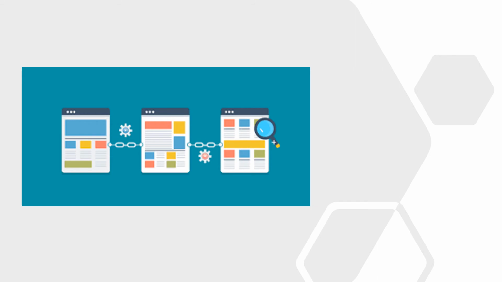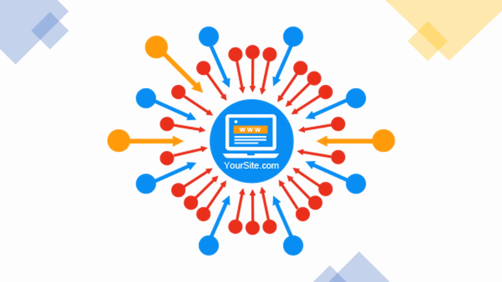And internal links and external links really help demonstrate to search engines that you have a quality website. The one type of link that really helps website SEO are what they call backlinks, and that is an inbound link from an external website into your website.